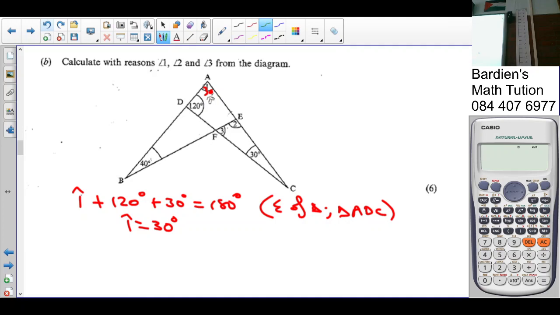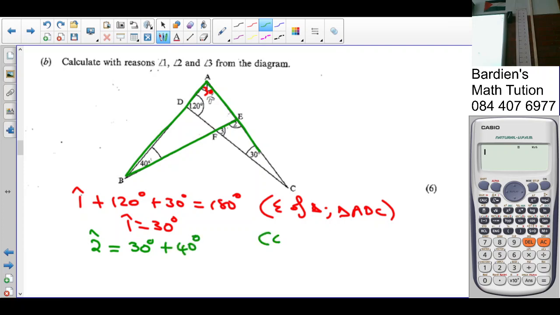Let's look at number 2. I'm going to calculate number 2. You all agree, exterior angle of triangle. That one was a bit hidden, huh? You see the exterior angle there? You all see it? Okay. So I'm going to say that angle 2 equals 30 degrees plus 40 degrees.